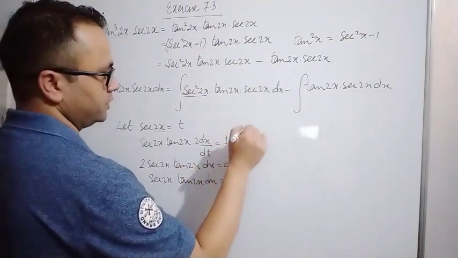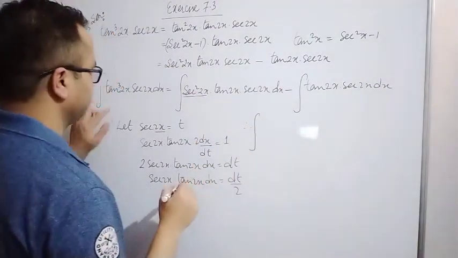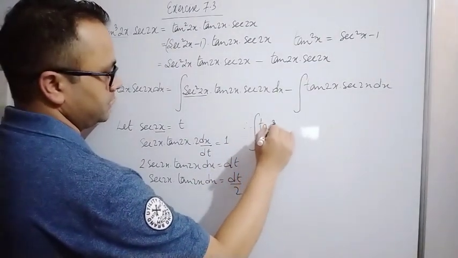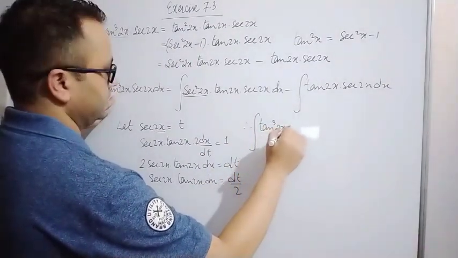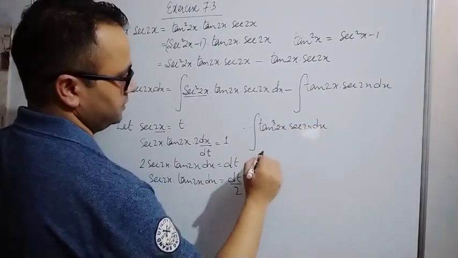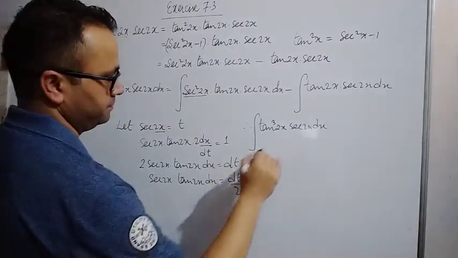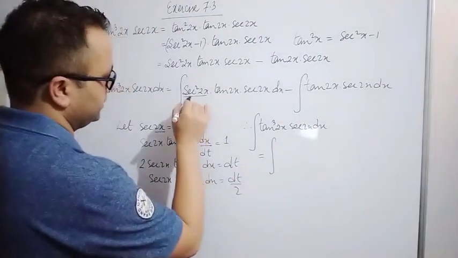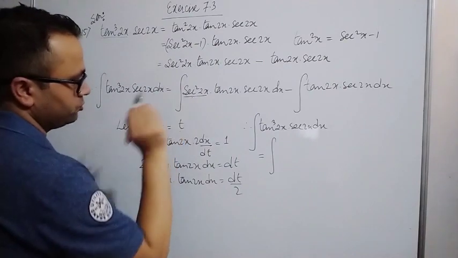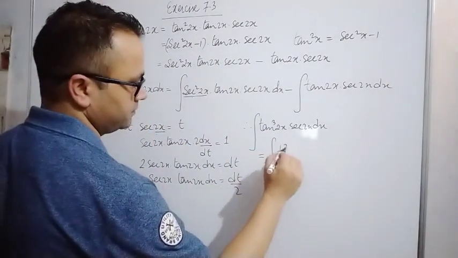So therefore integration of tan cube 2x into sec 2x dx equals integration of sec square 2x, where sec 2x is t, so sec square 2x is t square.